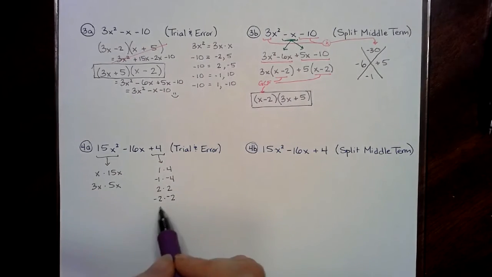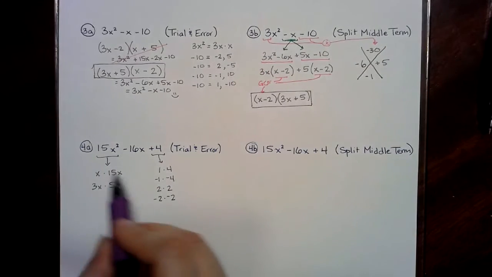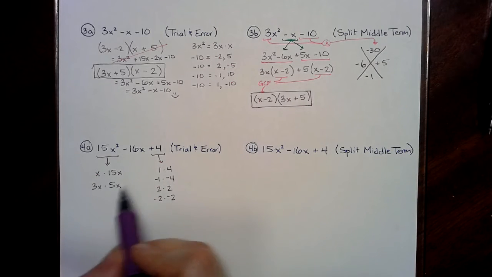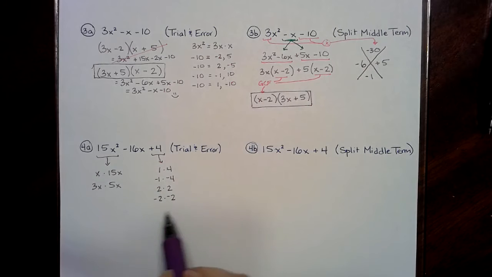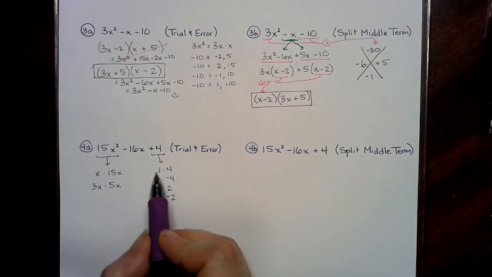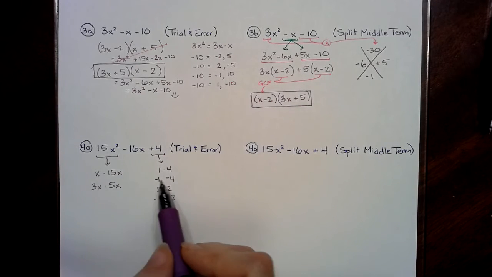So if I look at all the possibilities here compared to what I had here, I actually have more possibilities because each of these splits, right, is going to have a set of 4, in fact more than a set of 4, because I could put the 1 with the 15 or the 1 with the x.